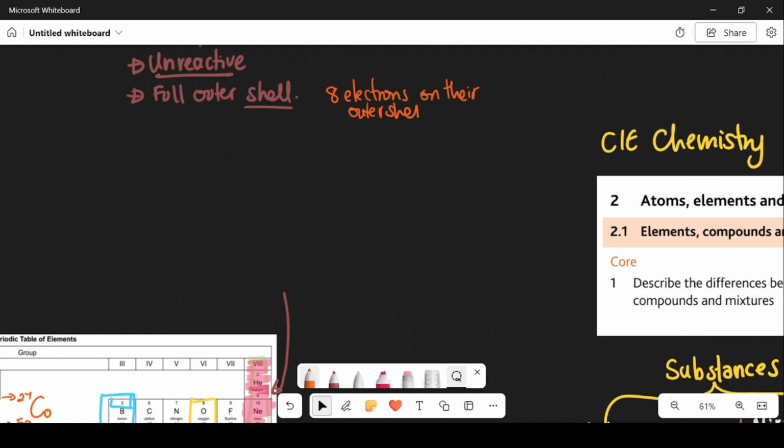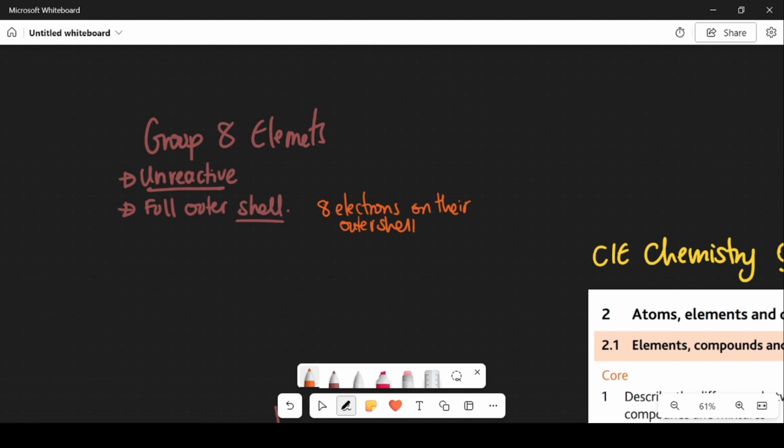So they have 8 electrons on the outer shell, whether it's their first shell, their second shell, their third shell. Or we know the exception of helium, because it only has 2 electrons. Let me just write that down. Helium will have 2 electrons.